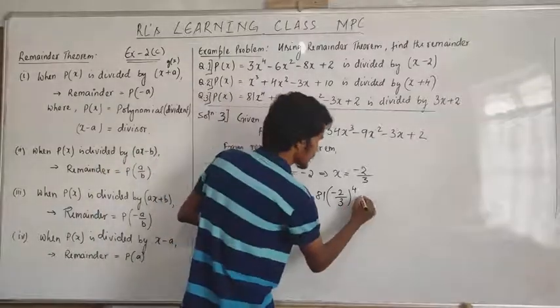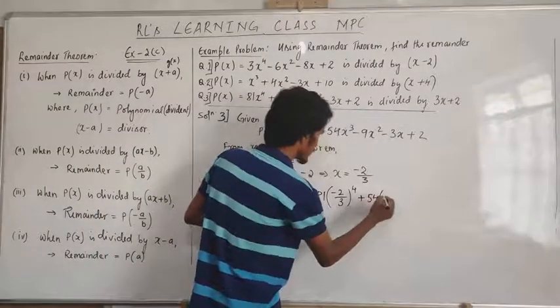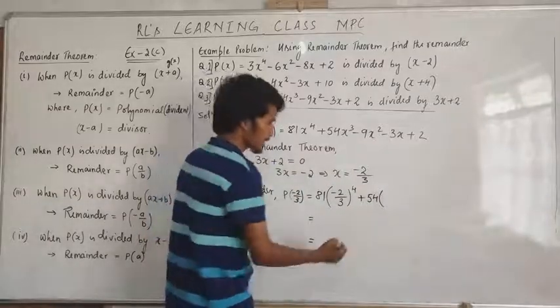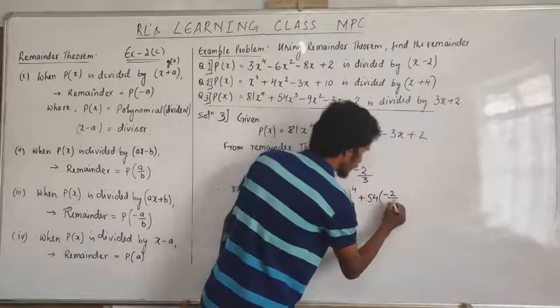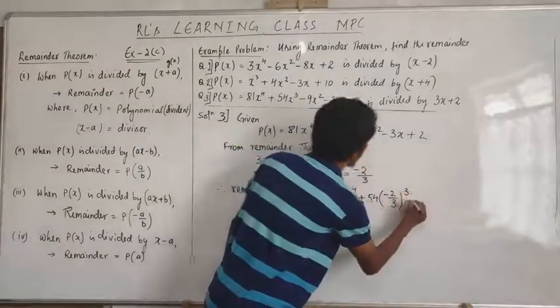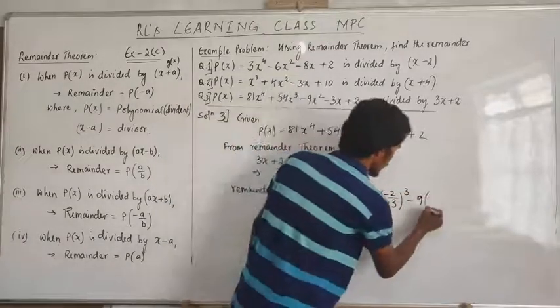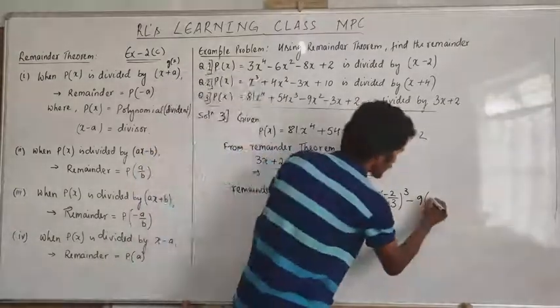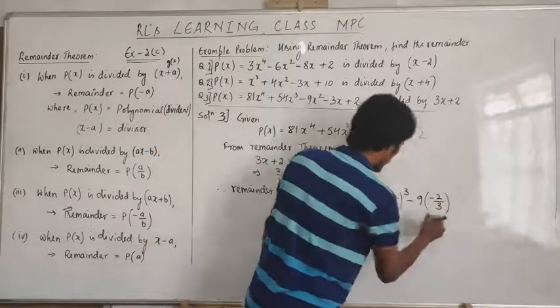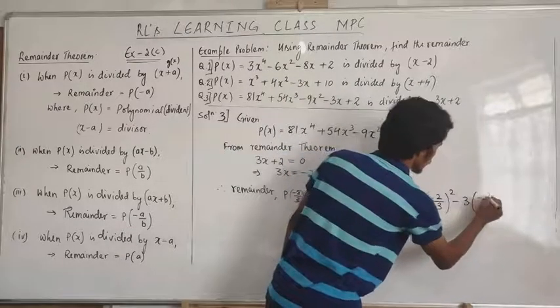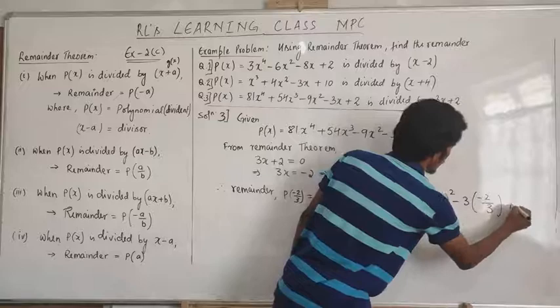Then plus 54, and in place of this x, again I'll put minus 2 by 3, to the power 3. And minus 9, in place of this x, again you have to put minus 2 by 3 to the power 2, and minus 3 times minus 2 by 3, plus 2.